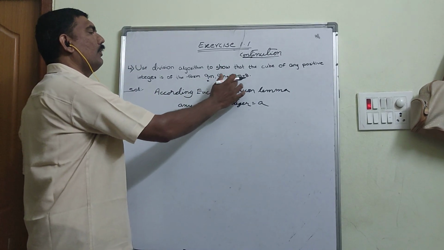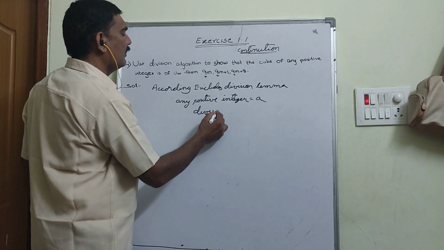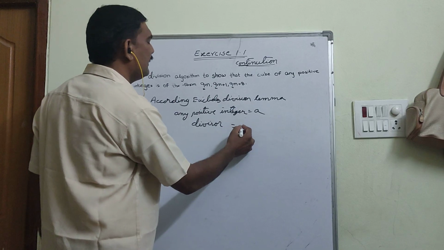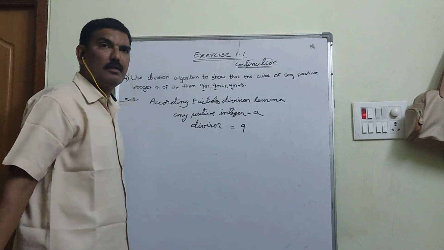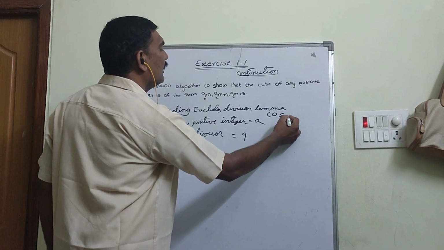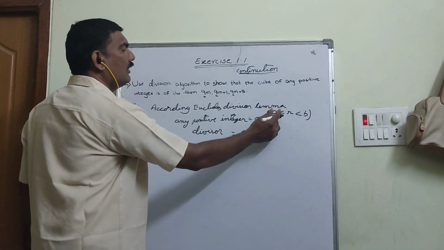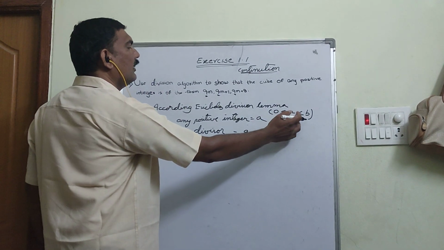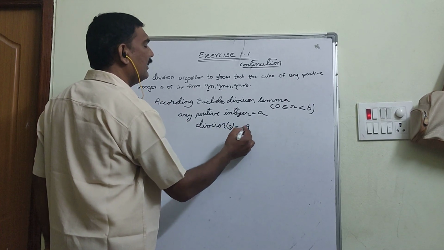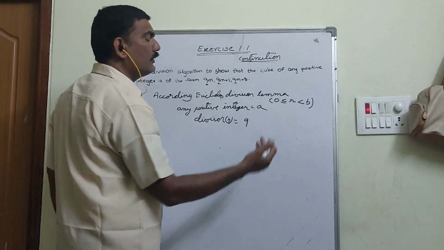By seeing the problem, you are getting a divisor. What is the divisor? Divisor is 9. So we have a rule that 0 is less than or equal to r, and r is less than b. By seeing this condition, remainders will be less than b. B means here 9, so r is less than 9 and greater than or equal to 0.